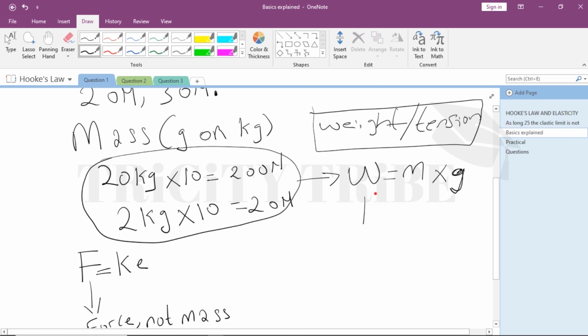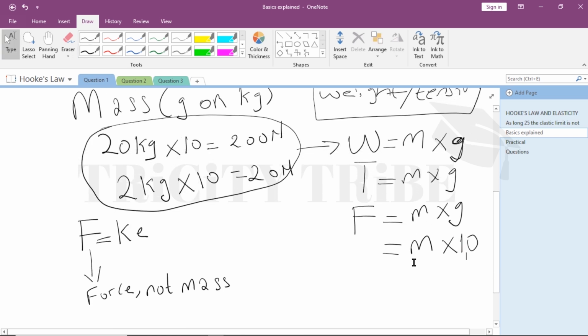Your tension, T, is still the same thing as mass times G. Your force is also the same thing as mass times G. And this 10 you see here, your mass can be anything, but your G will always be 10. Do you understand?